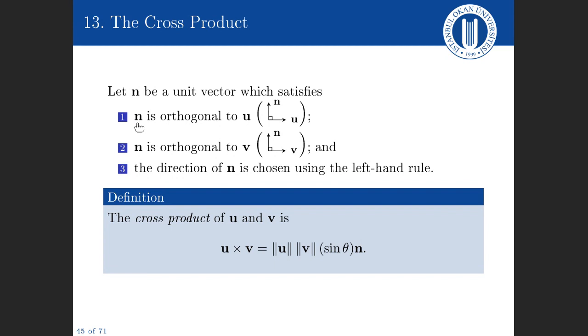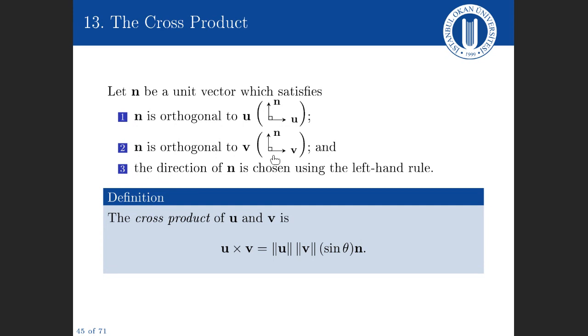Let's suppose that n is orthogonal to u. In other words, the angle between u and n is 90 degrees. And let's suppose n is also orthogonal to v. Angle between v and n is 90 degrees.